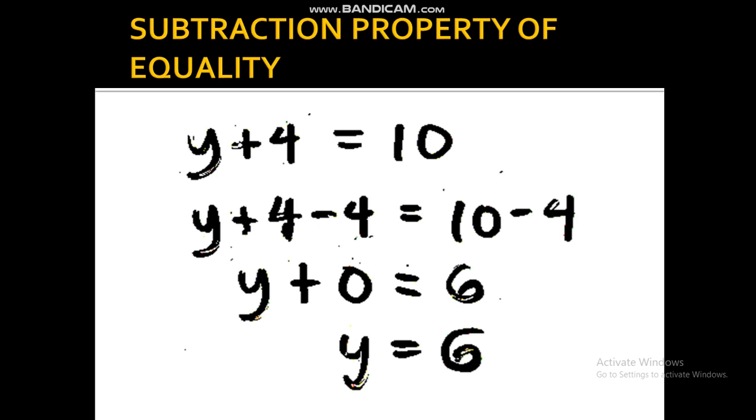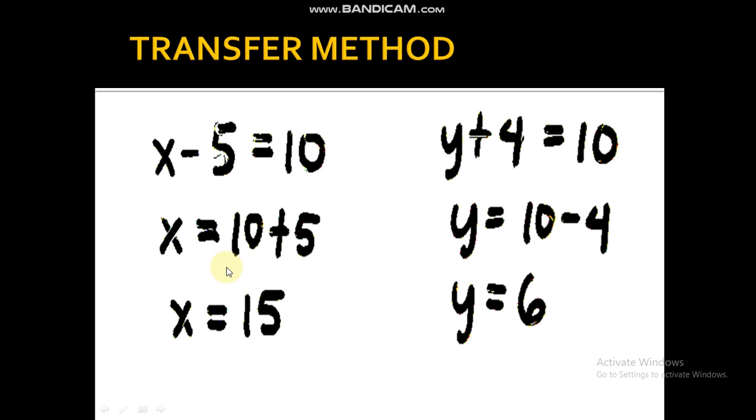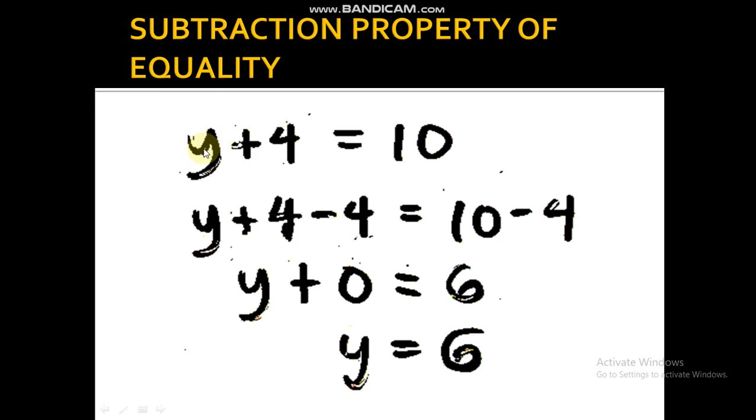Subtraction property of equality. This is applicable when you are dealing with an equation using the operation of addition. In the example, you have y plus 4 equals 10. So the unknown here is y. We have to remove plus 4 on the left hand side by subtracting 4 from both sides of the equation.